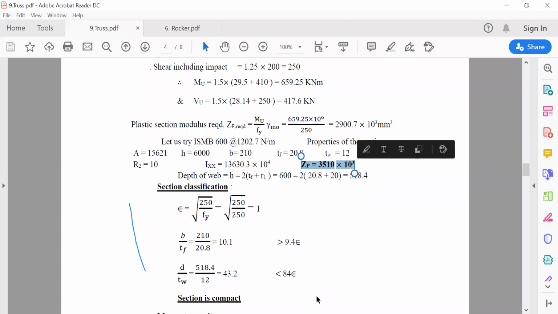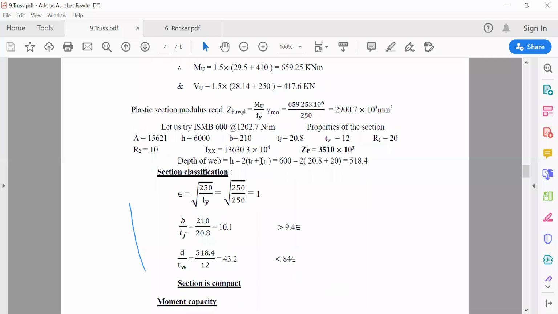Now, depth of the web is total depth minus 2 into the thickness of flange plus radius of the root. I hope you have gone through the concept of radius of root in the video. Please reply yes if you have understood what is the radius of root.